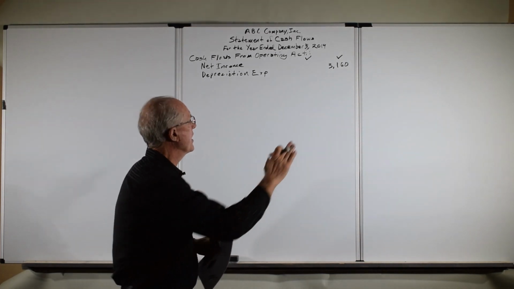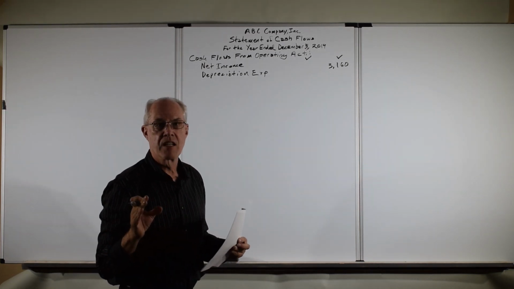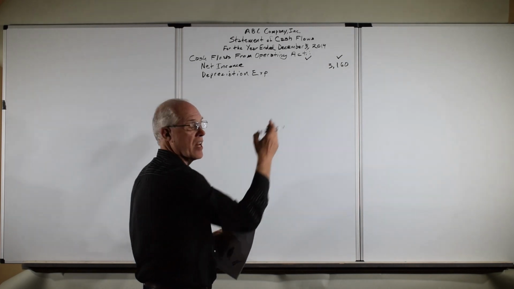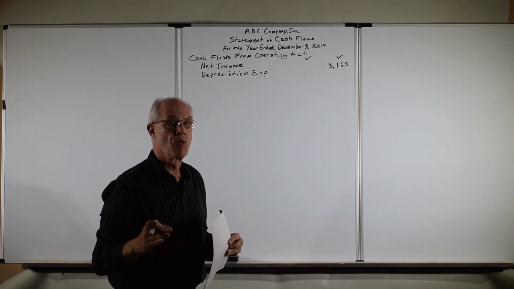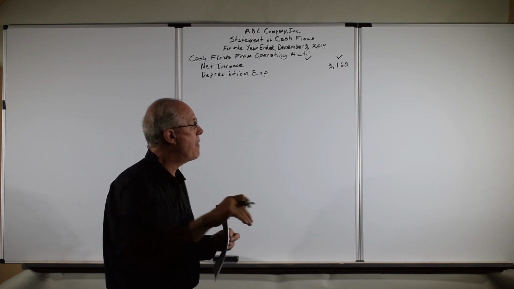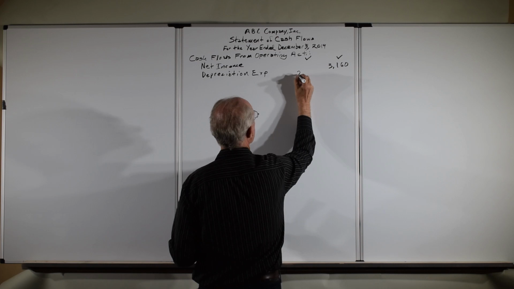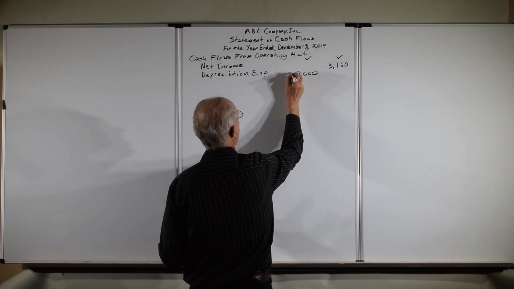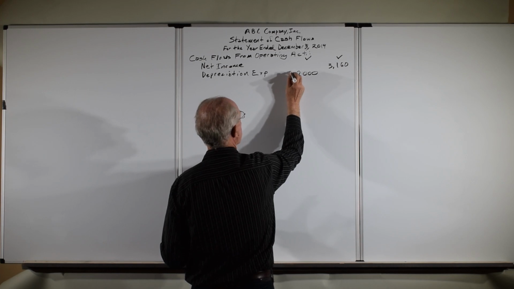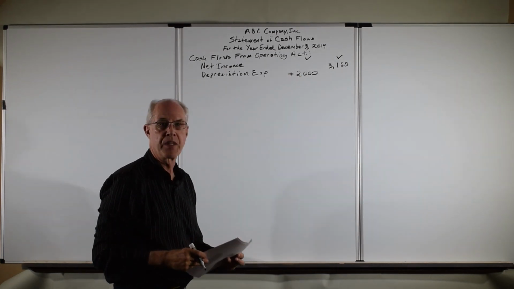When calculating net income, depreciation was subtracted to reduce the amount of net income. So what we need to do is to remove its impact, which means we've got to add it back in. So in this detailed column, we're going to put 2,000 for the depreciation, and we are going to add that back in. I'm just going to put a plus sign there to remind us that's what we're doing.